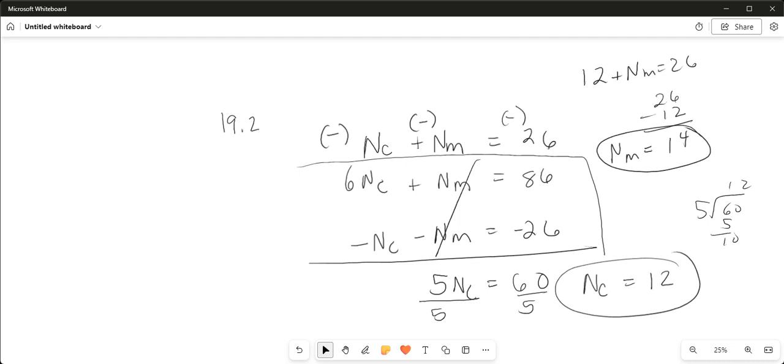All right. And then 19B is, we talked about this in class, about how when two angles in one triangle have the same measure as two angles in another triangle, the third angle's equal.